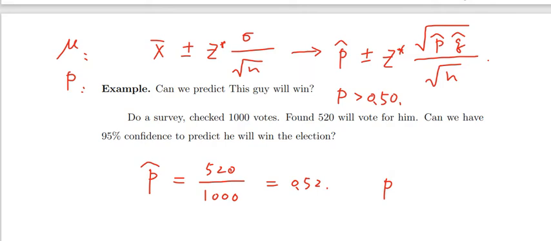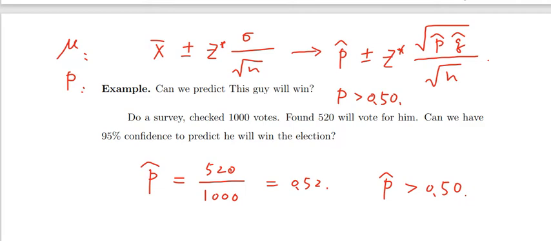So we have evidence that shows this guy will win. But the question is, is this evidence strong enough for us to claim this guy will win?